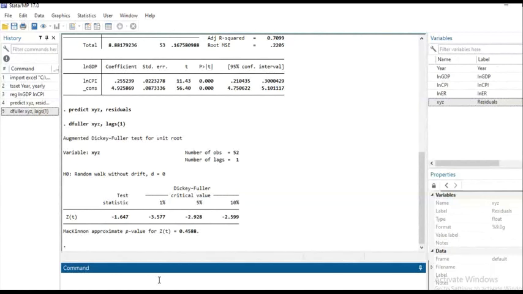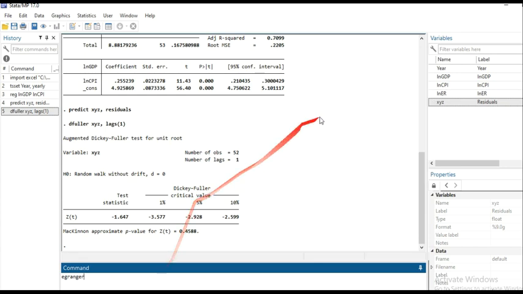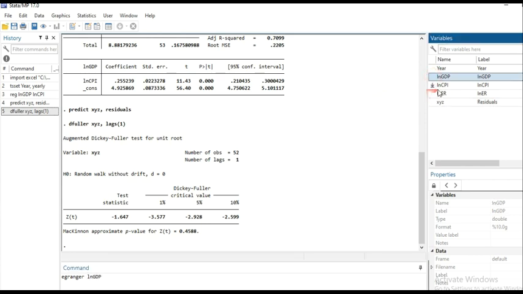Therefore, you need to use directly this command, egranger. Click on the dependent variable, that is the natural logarithm of gross domestic product, and then on the independent one, the proxy for inflation, that is log of consumer price index.